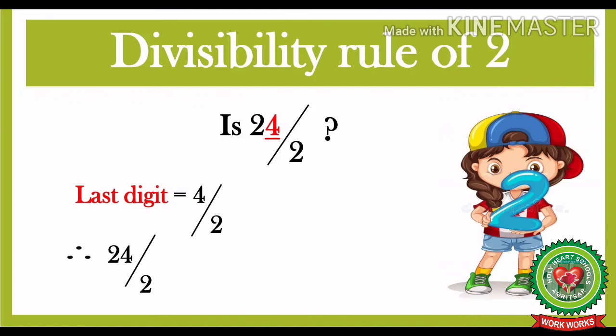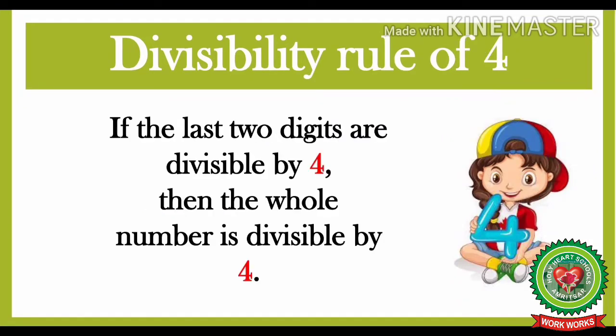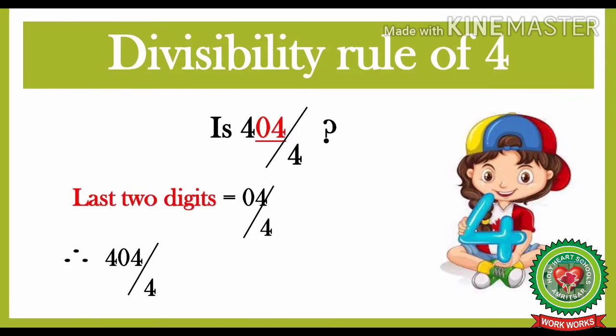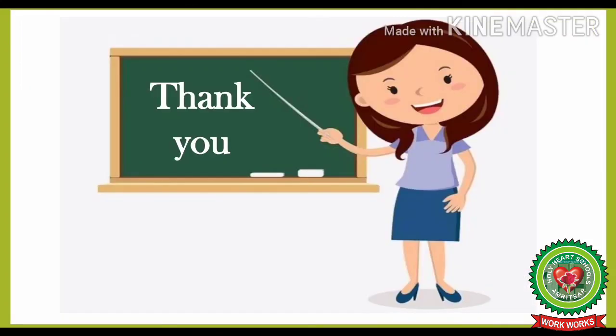Then, after that, we will do the sum in this way. Next, we learnt about the divisibility rule of 4. If the last two digits are divisible by 4, then the whole number is divisible by 4. For the rule of 4, we will look for the last two digits, then complete the sum in this way.